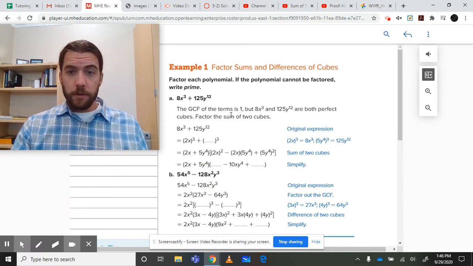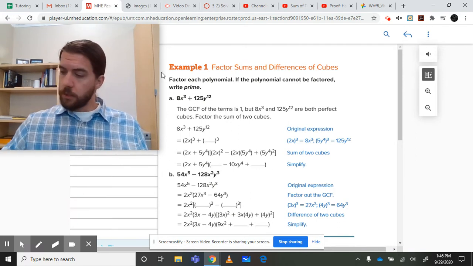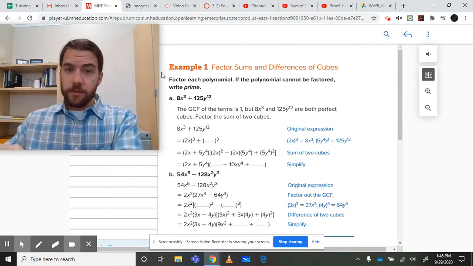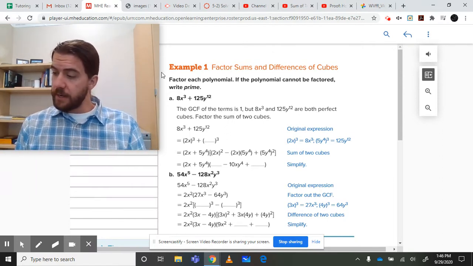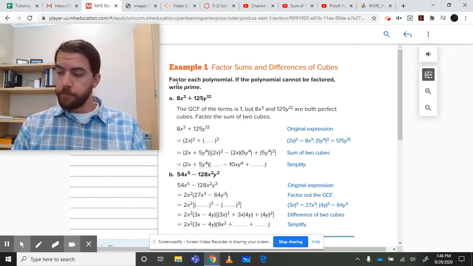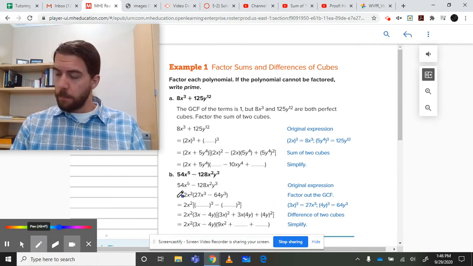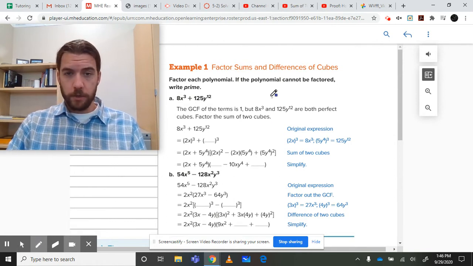Okay, so let's look at this. If you recall, based off the previous list, our identity for the sum of cubes is that a cubed plus b cubed equals a plus b times a squared minus ab plus b squared. I'm just going to put the right side of that.